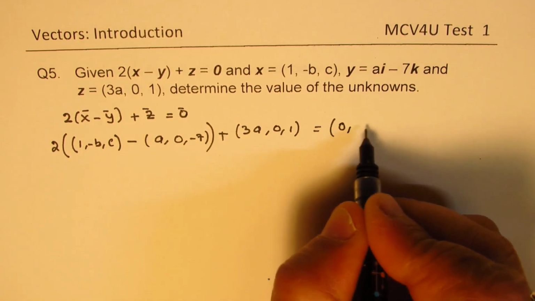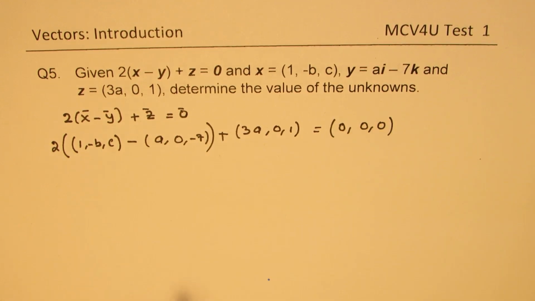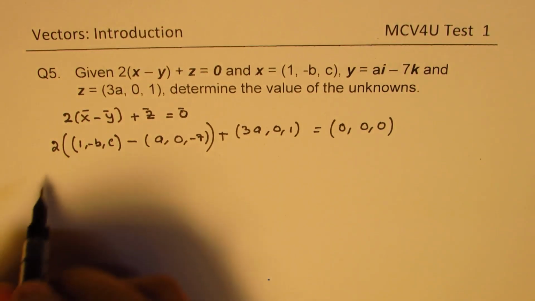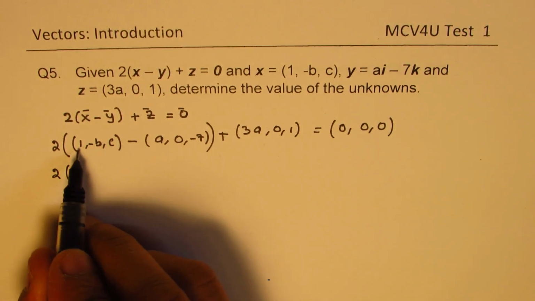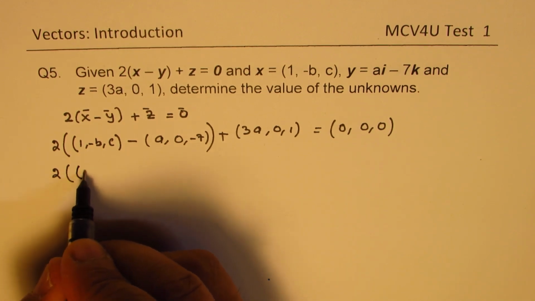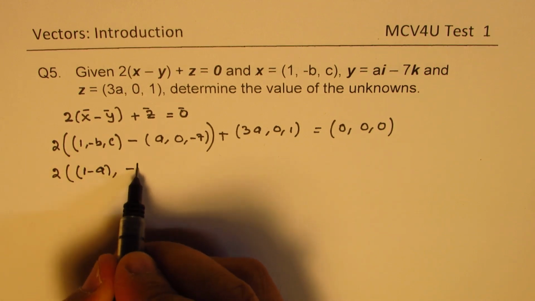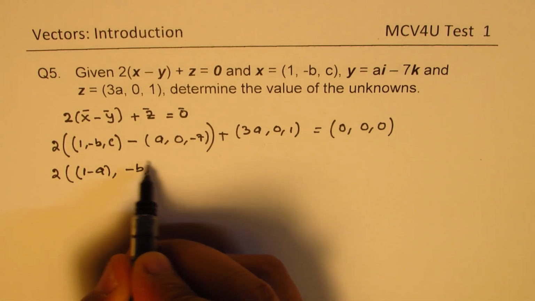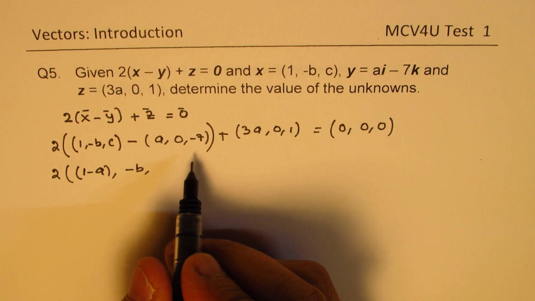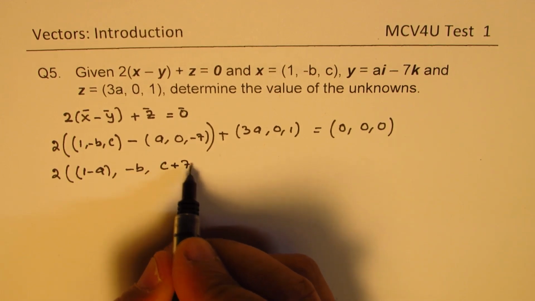That means 0, 0, 0. So that gives us twice 1, minus b, c, minus minus becomes plus, so it becomes c plus 7.